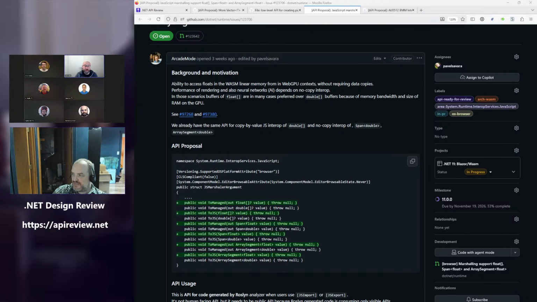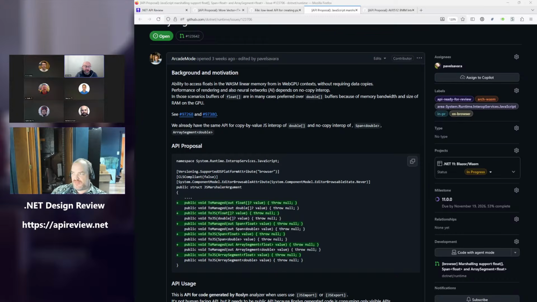There is a parallel existing API for double, so marshalling double buffers and double arrays is there. This API only mimics the same pattern. It's essentially a technical API.